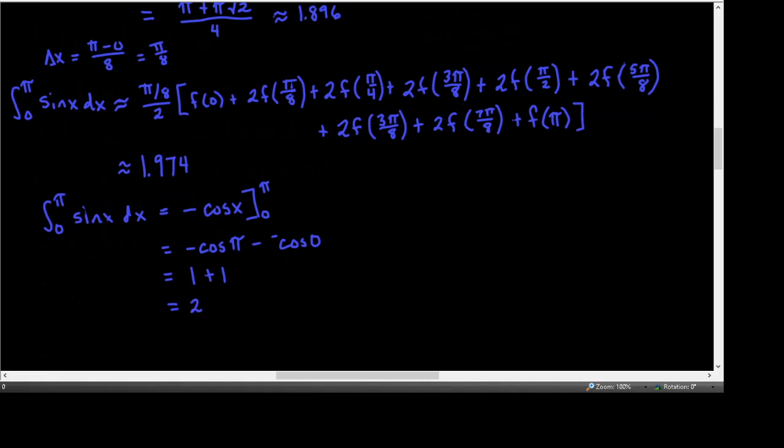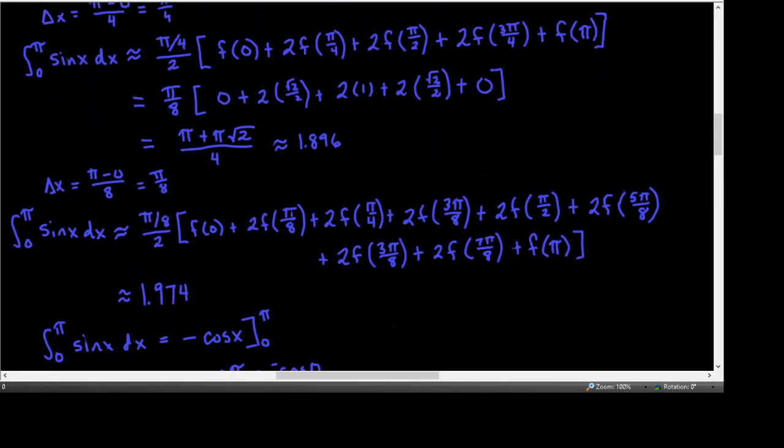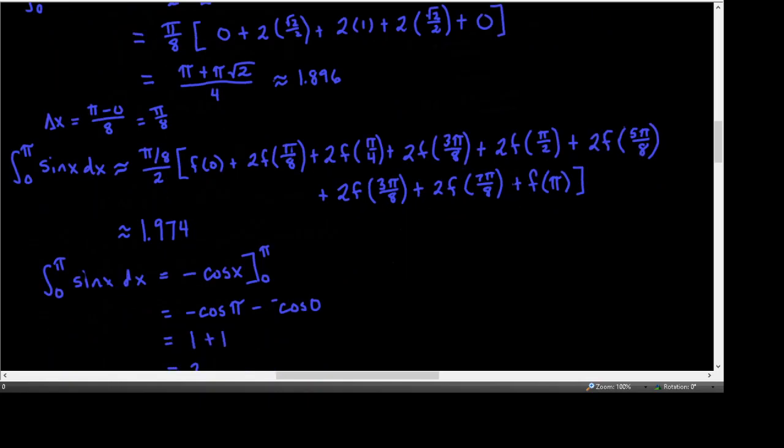So with 8 trapezoids, we got 1.974. That's a pretty close approximation of 2. And of course 1.896 wasn't bad with only 4 trapezoids. Still not bad. And of course the more trapezoids you use, the bigger n is, the closer you'll get to 2.